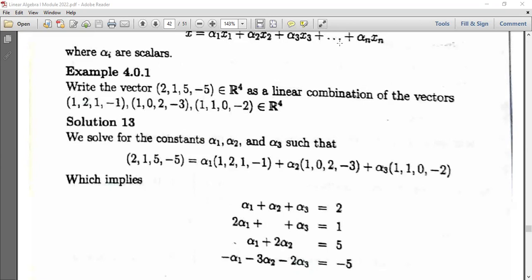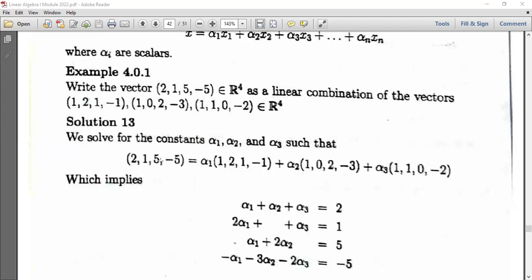This is what we call a linear combination. So likewise, we write this as equal to alpha 1, the first constant, times the first vector, plus alpha 2, the second constant, times the second vector, plus alpha 3, the third constant, times the third vector.